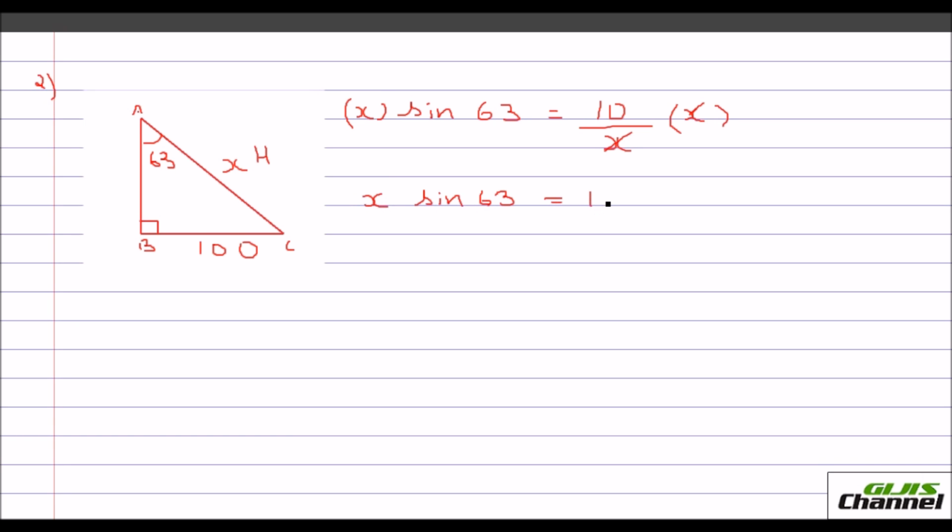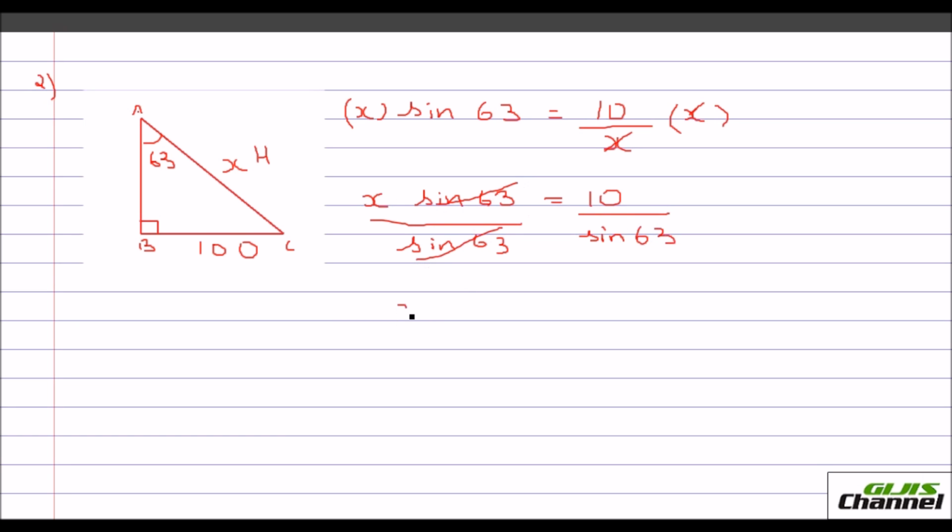Now, you just need to find the x. So, undo the sine 63 by dividing both sides by sine 63. So, that's sine 63 here and sine 63 here as well. This gets cancelled.